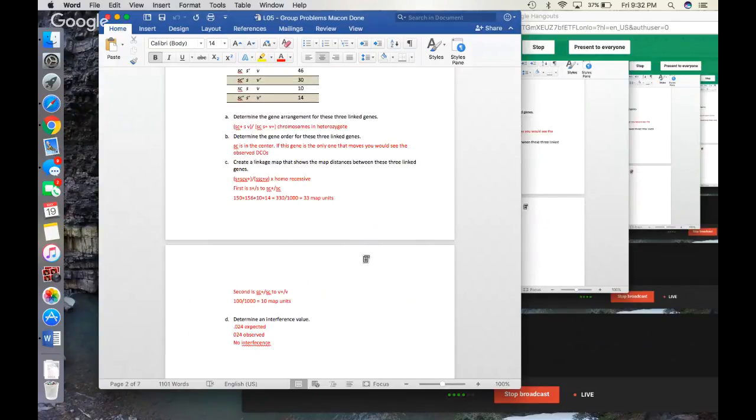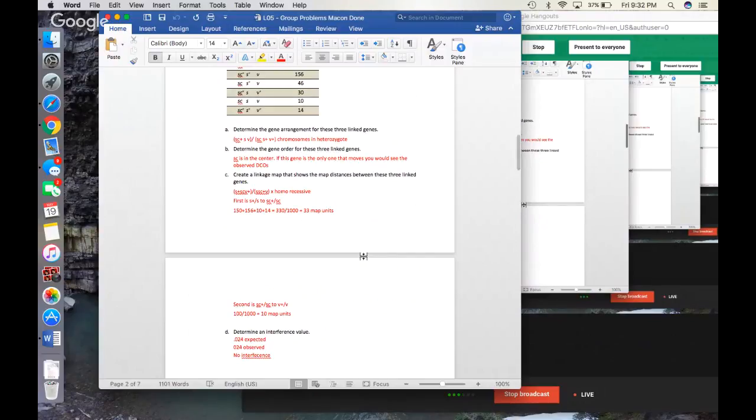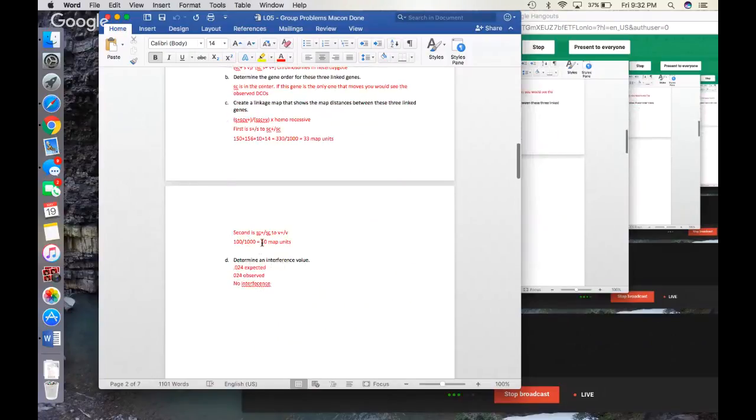And then for our linkage map, the numbers add up to 150 and then 156, 10, and 14. We divide that by 1,000 and get 33 map units. And then for the other one, we get 10 map units. When we put the numbers into the C equation, we get 16 over 19.8 for a fraction.